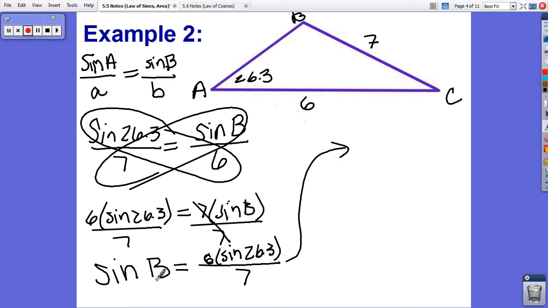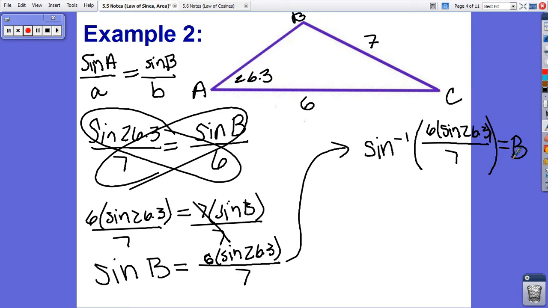Okay, so just like we did earlier this unit, we're trying to figure out an angle. Capital B is actually an angle, and the only way to figure out the angle is to use the inverse. That's what the inverse tells us. So we are going to use arcsine, remember sine minus 1, of all of that stuff, 6 sine 26.3 divided by 7, and that's going to be equal to our angle.